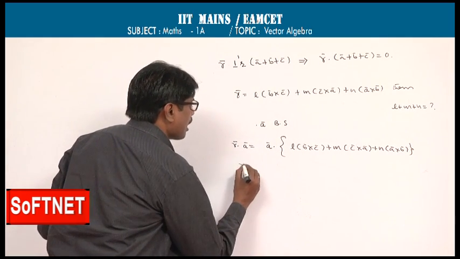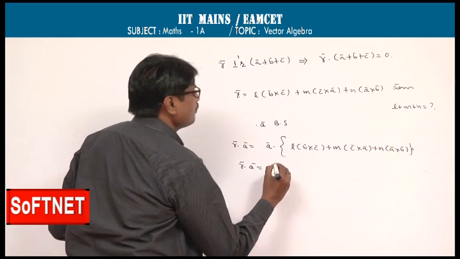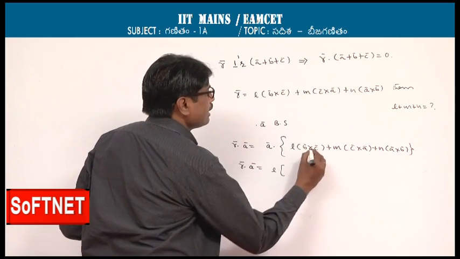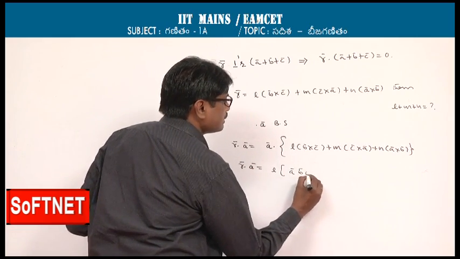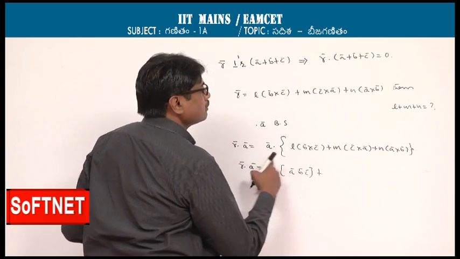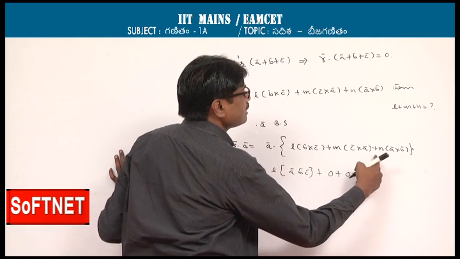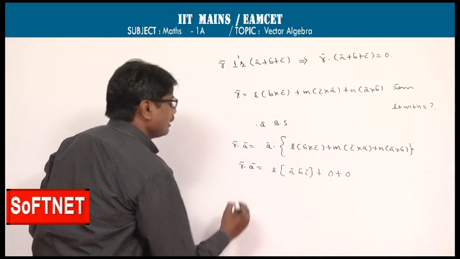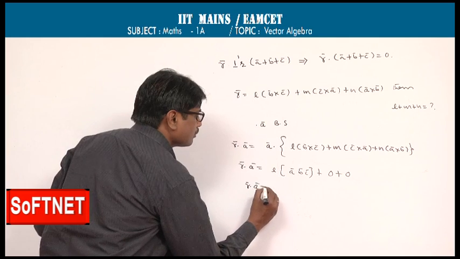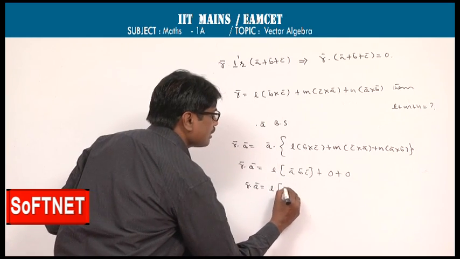That is nothing but r bar dot a bar is equal to L times of a dot b cross c, box ABC, plus this is 0 and this is 0, because box of CAC is 0, box of AAB is 0. And r bar dot a bar is equal to L times of box of ABC.